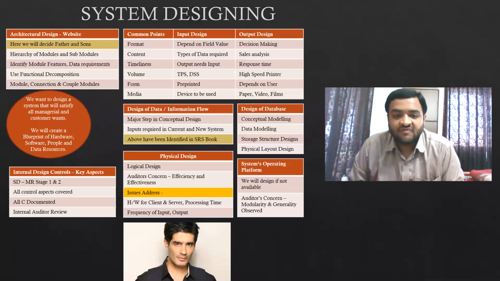That will be the design of data or information flow. Then how this data will be stored in the database, that is the design of the database. We will do conceptual modeling, then data modeling, then prepare physical layout design and storage structure designs. Then we have prepared a physical design for it. We have also developed a system operating platform.